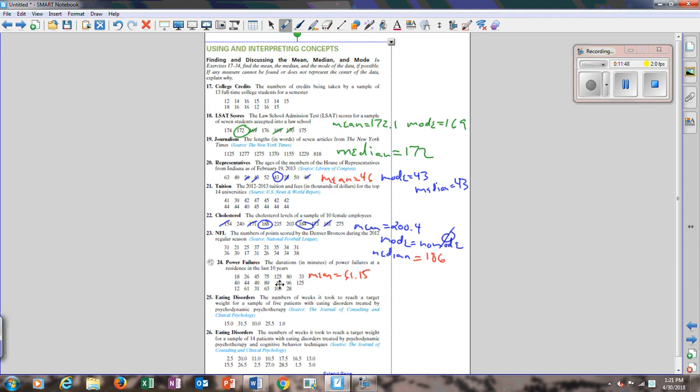Oh yeah, 80 does. So your mode is 80. Then your median is going to be the middle value, which is going to be 55.